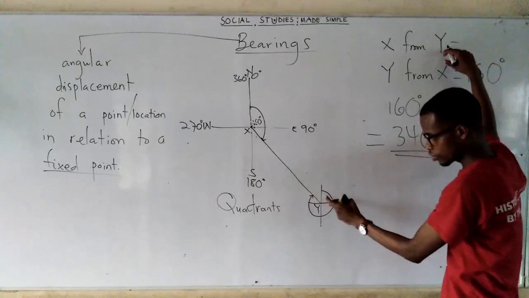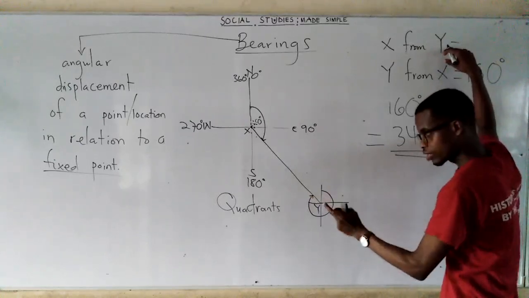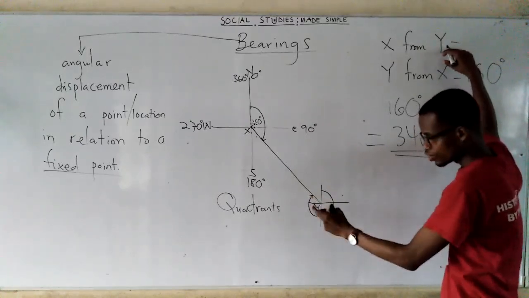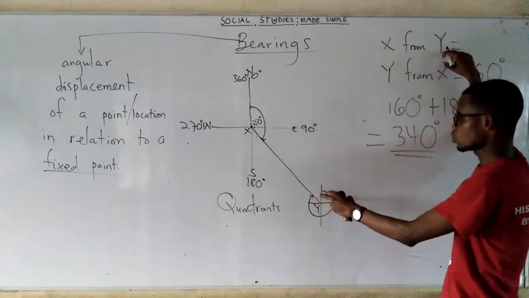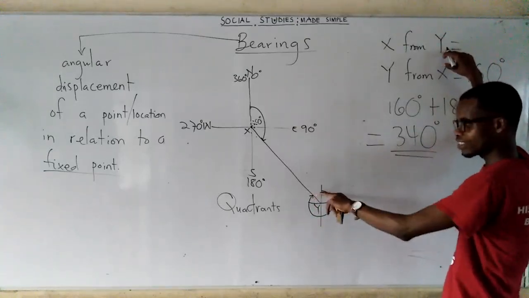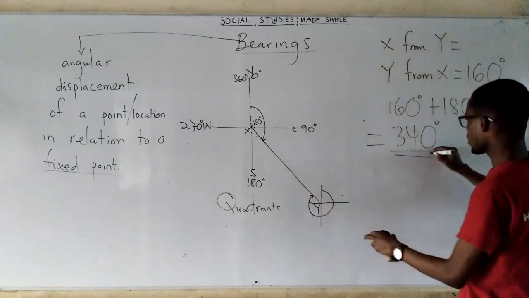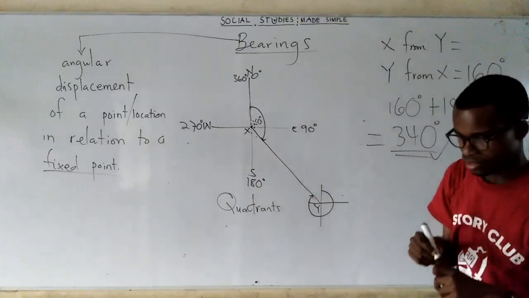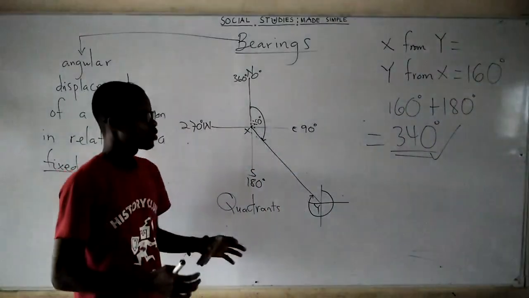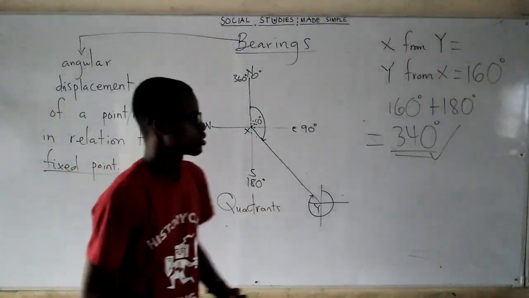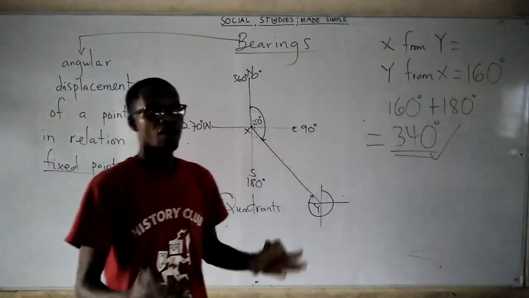The line falls not in the first quadrant, not in the second quadrant, not in the third quadrant, but in the fourth quadrant. And 340 is less than 360. So our answer is correct. This is how we calculate bearings and we get our location.